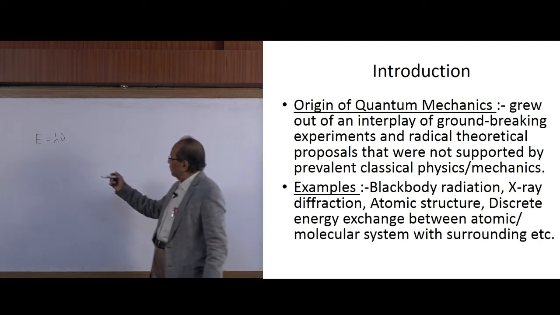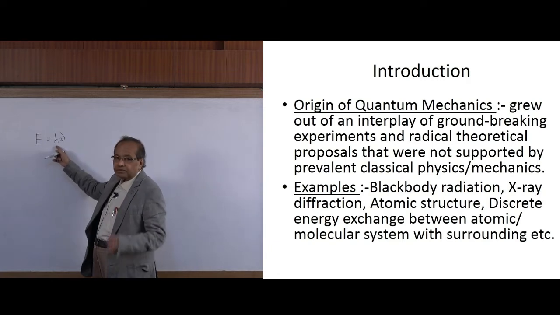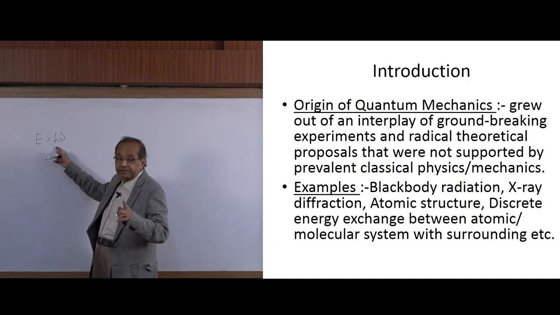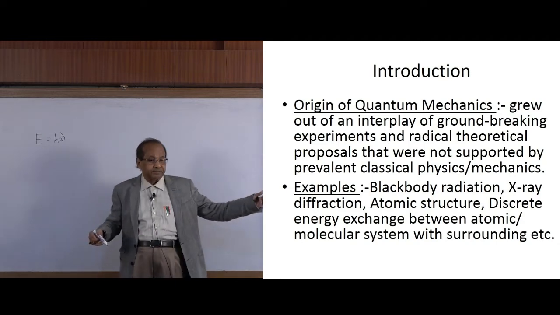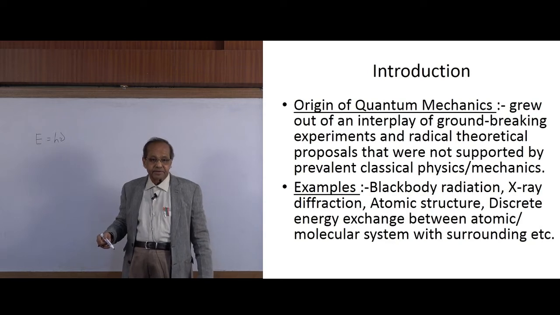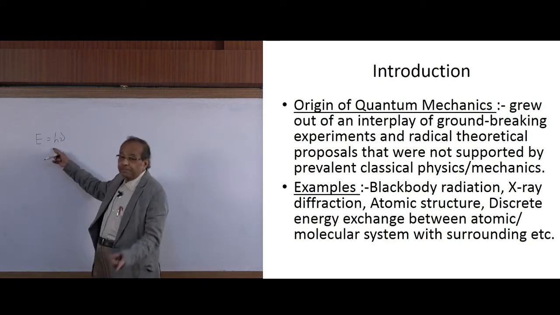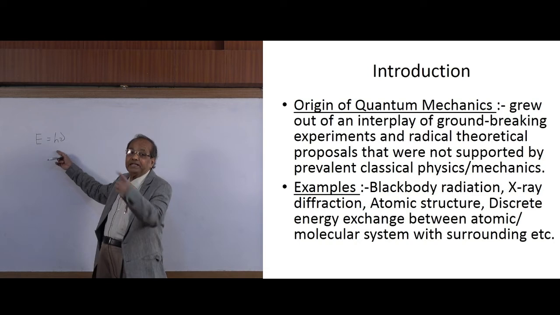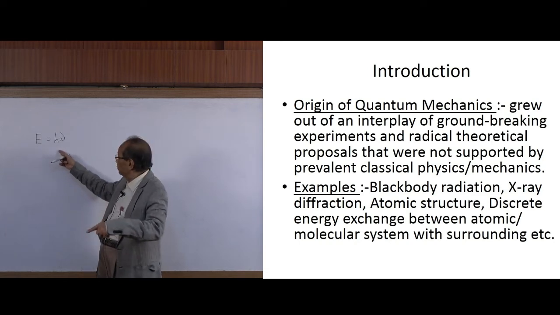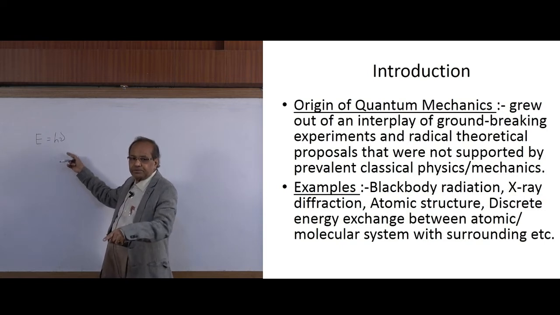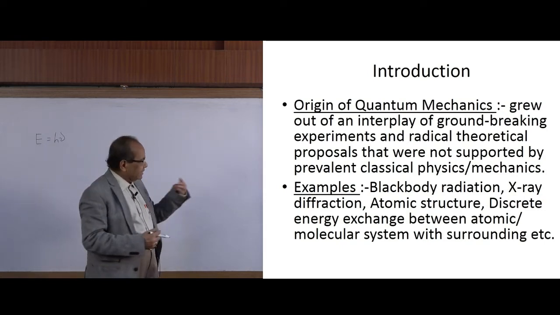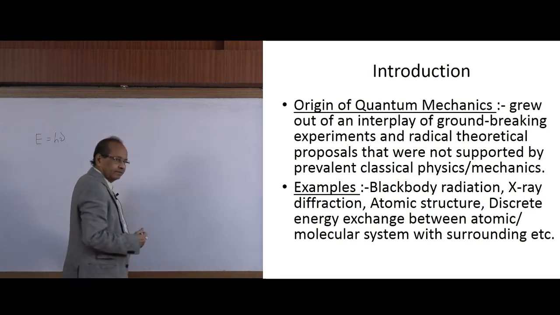Now see, therefore, 1 h nu is the first energy, the minimum energy. Below 1 h nu, no energy is there. It is against the classical idea. Next comes the jump from 1 h nu to 2 h nu. There is no energy between 1 h nu and 2 h nu. Then again it jumps. So the energy exchange is quantized.